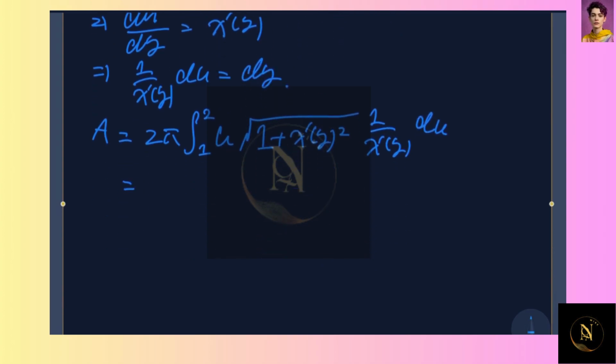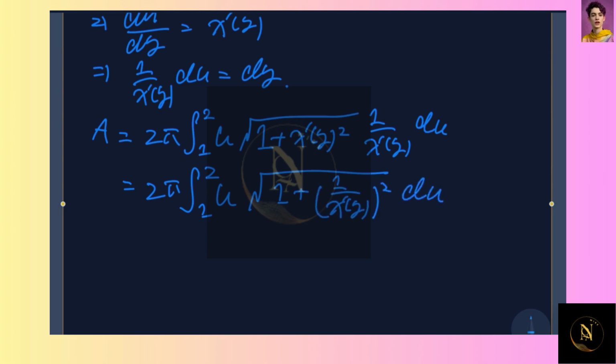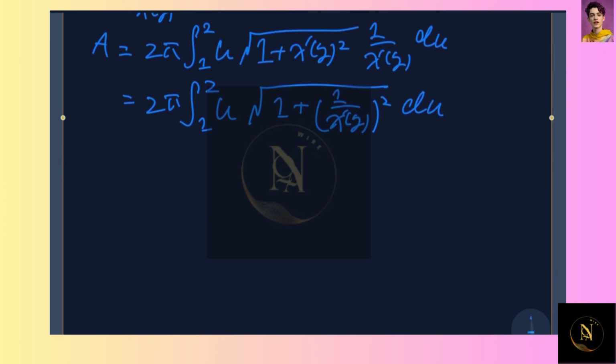Which can be further simplified to the square root of 1 plus 1 over x prime of y squared du. Now we have to find the expression of x prime of y in terms of u, or in terms of x, because these are the same thing.